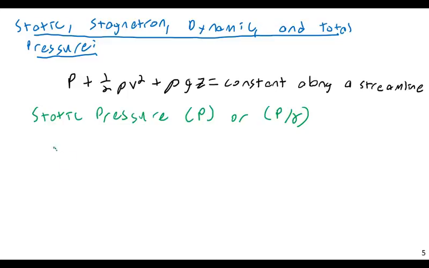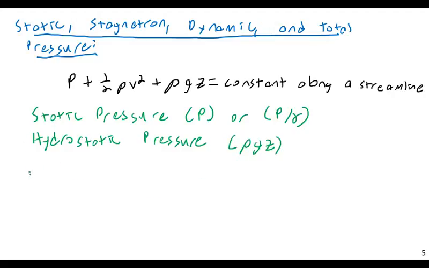Our hydrostatic pressure. So static pressure is just the pressure that is present in a fluid. Then I have hydrostatic pressure. This is the pressure that comes from the height of a fluid. Hydrostatic pressure, this is rho gz.